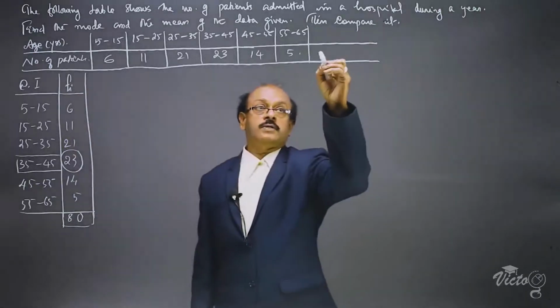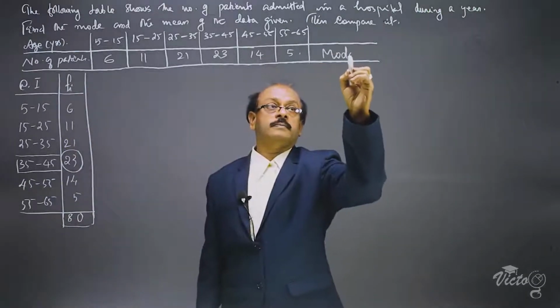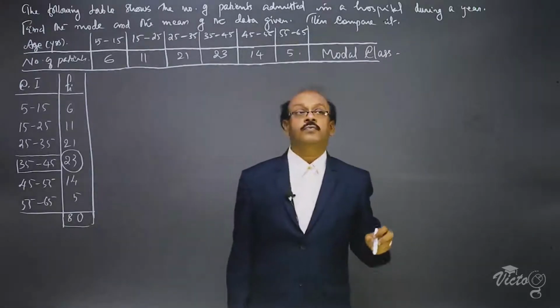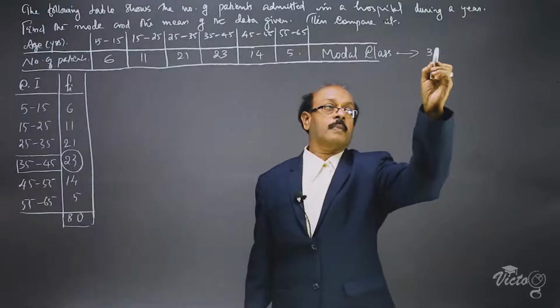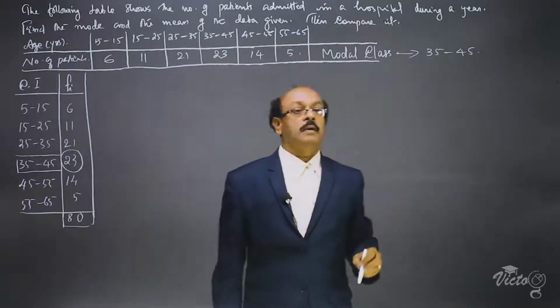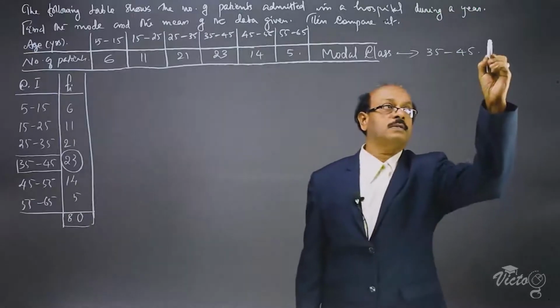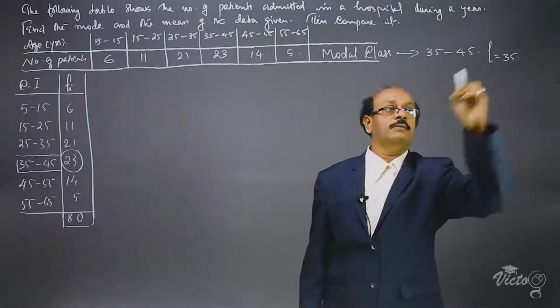Now we can write the modal class: 35-45. Lower limit of the modal class, L, is equal to 35.